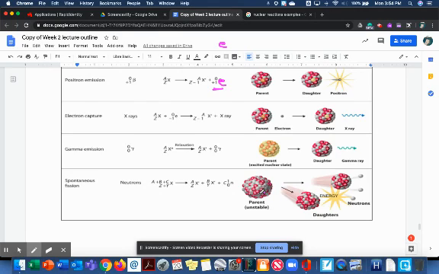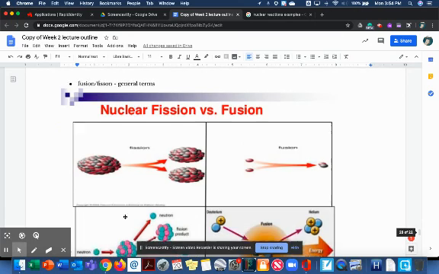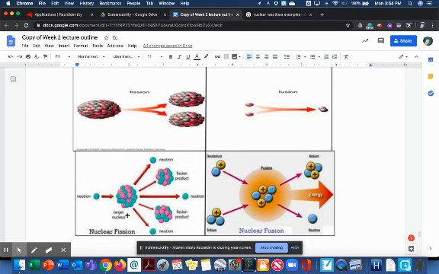Now, often this has to get started by using a neutron. In fission, you have a larger isotope breaking up into many smaller isotopes called daughter isotopes.